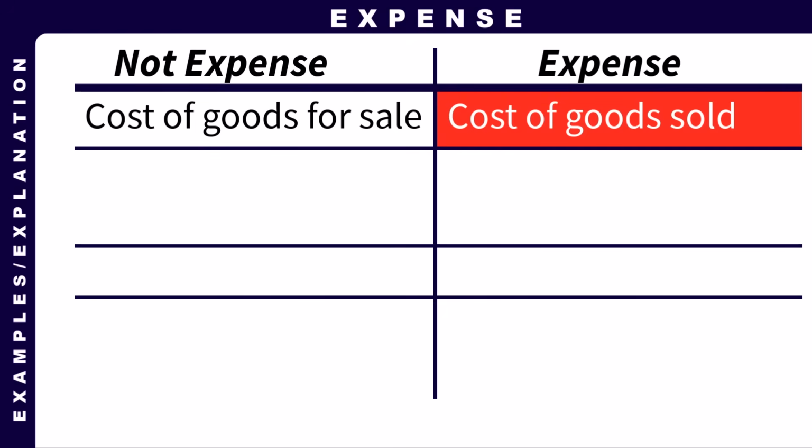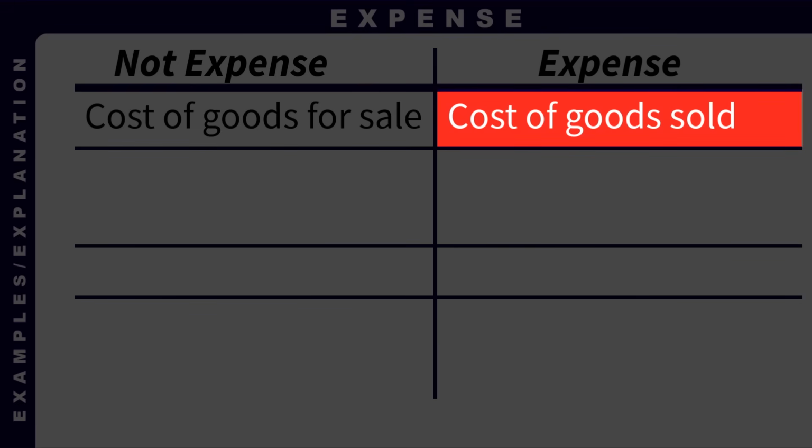The cost of goods purchased for resale generates income when sold later, right? That is why it is kept under inventory until sold, and then the cost is moved from inventory to expense. This expense is commonly known as cost of goods sold.